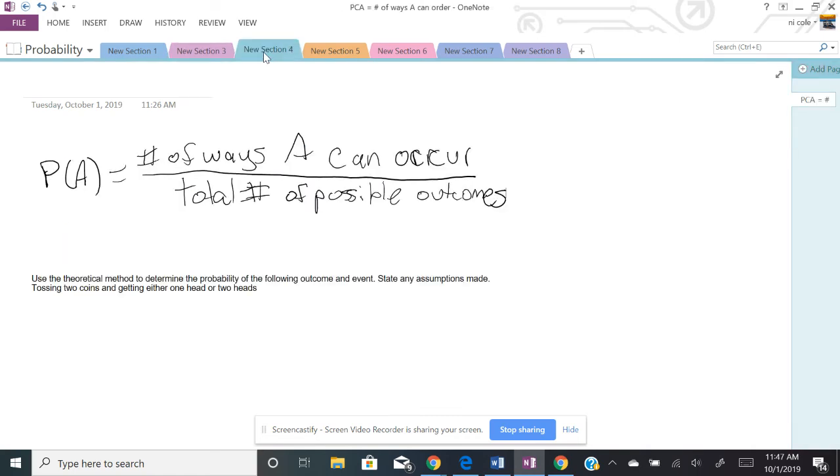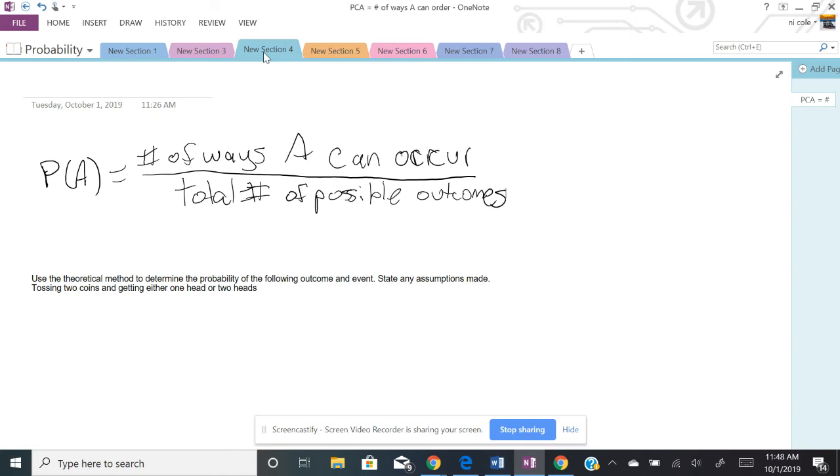Now let's go into probability. The probability of event A occurring is the number of ways A can occur over the total number of possible outcomes. So let's use a theoretical method to determine the probability of the following outcome and event. State any assumptions made when tossing 2 coins and getting either 1 head or 2 heads.